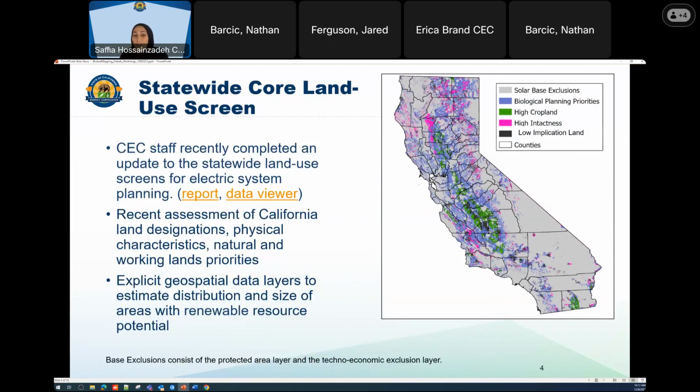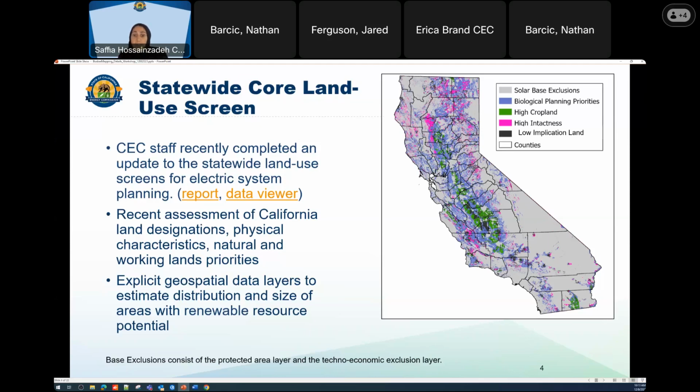So the core land use screen was recently updated by the CEC to identify areas of the state with the most suitability for consideration for utility scale renewable energy generation. Staff reviewed recent statewide assessments on the land designations, physical characteristics, and natural and working lands priorities to identify a number of categories of land areas that would present higher levels of constraints if considered for renewable energy generation.